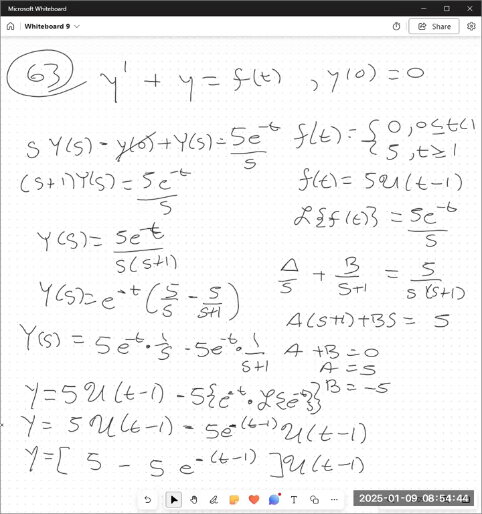So really any piecewise defined function can be written with the unit step function, and then we can use our Laplace transforms of our unit step functions to help us solve these differential equations in terms of those, like we just did in the last couple of problems.